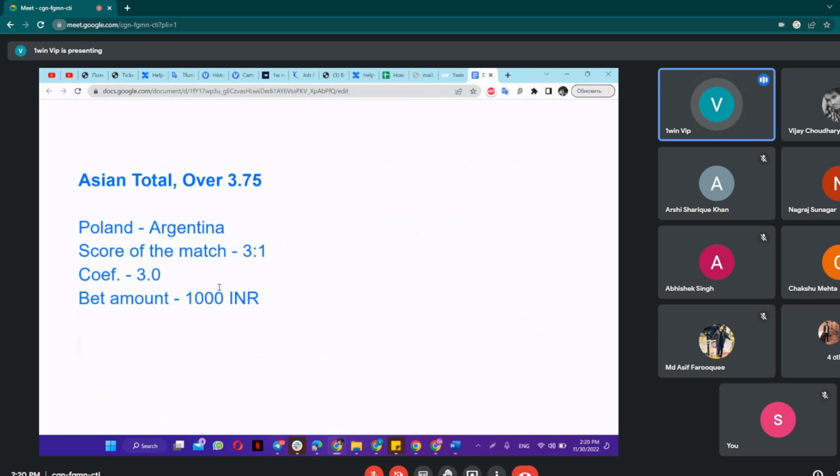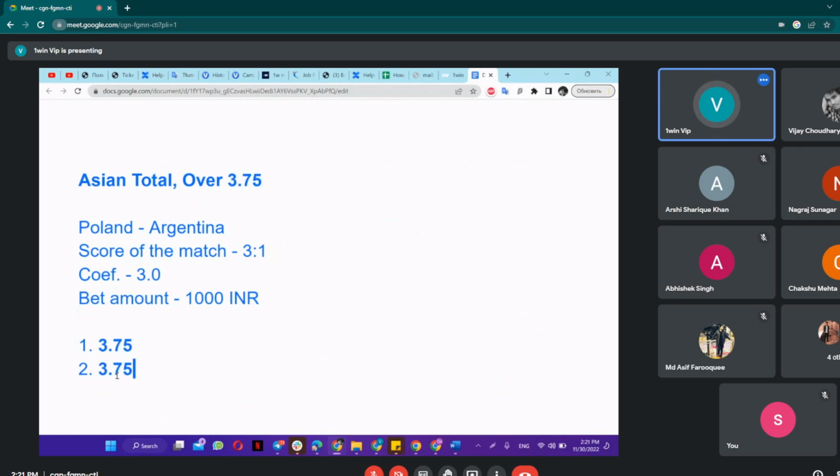So one Asian total bet could be understood in two different ways. Not even could be, but should be recalculated in two different total bets. So the first one and the second one: 2.5 and 3.5. Those who were reading the documents or have some experience already know what this bet is about.